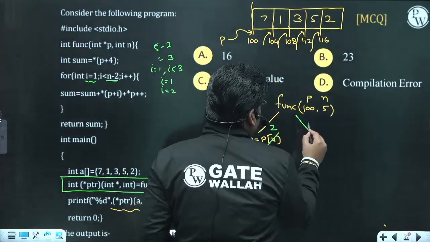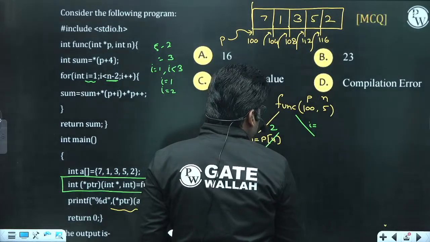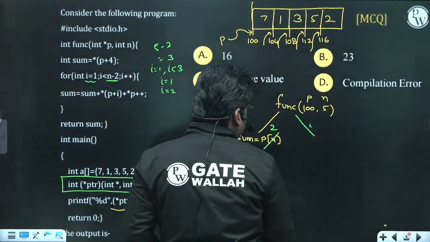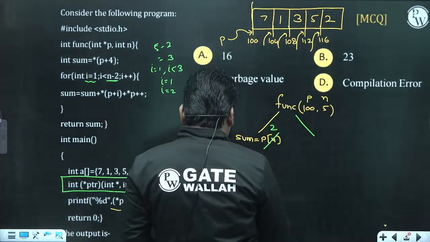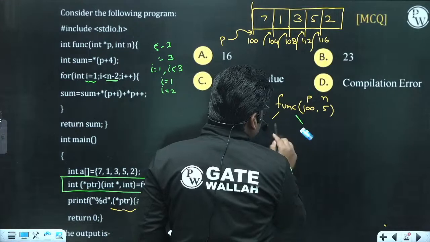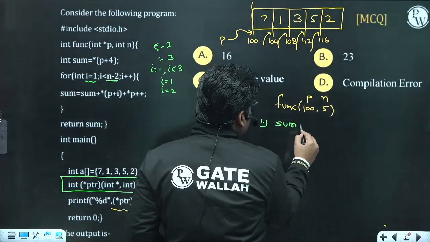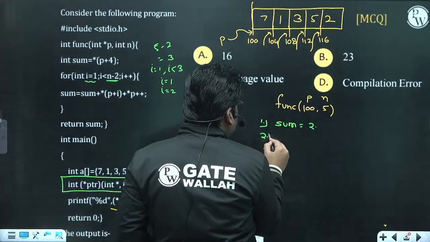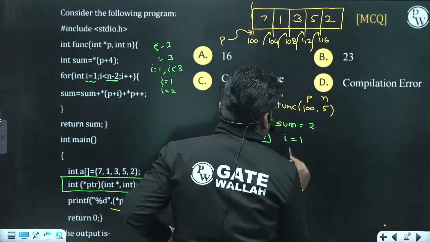Sir, for i is equal to 1. Just focus over here. Is it clear to everyone? The first line that executes is, sir, the value of sum becomes 2. The second line that executes, for i is equal to 1, is this.